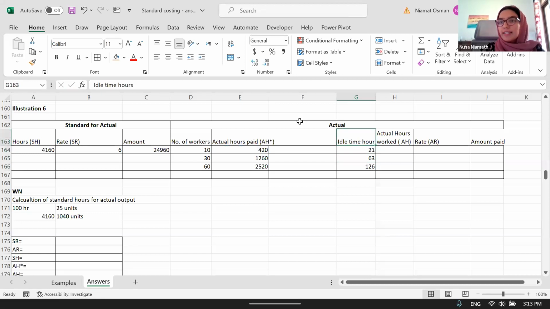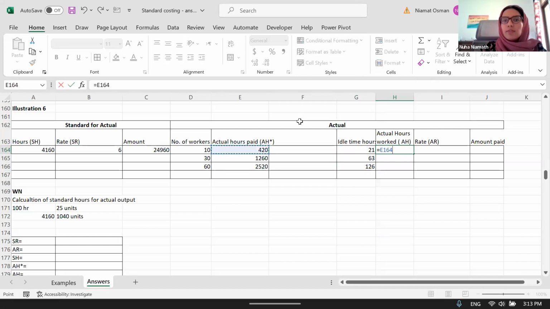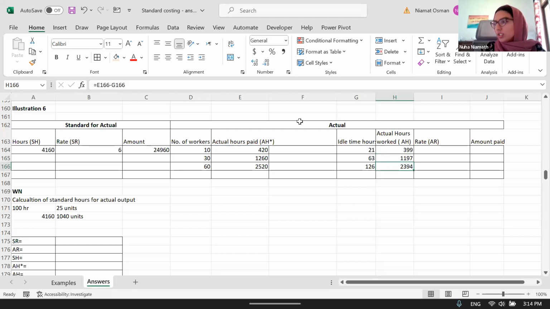This becomes our idle time hours because the question said 5% of the time was lost due to abnormal reasons. If it was normal reasons, we would not consider it. Then we have 420 minus 21, 1197 and 2394. So this becomes our actual hours worked. These are actual hours paid and this is actual hours worked.